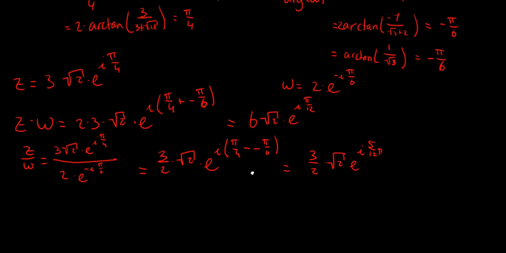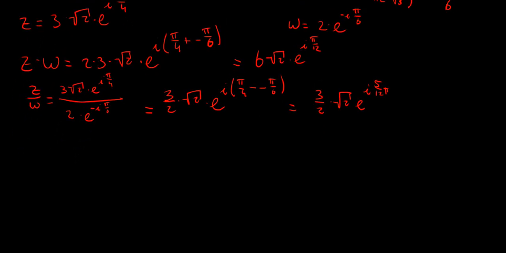And if you're still not convinced that this is better, I'll give you the next exercise you can try out before I'll answer it. If we do w to the power 6, which would be square root of 3 minus I to the power of 6. Well, that's going to take a lot of computations.